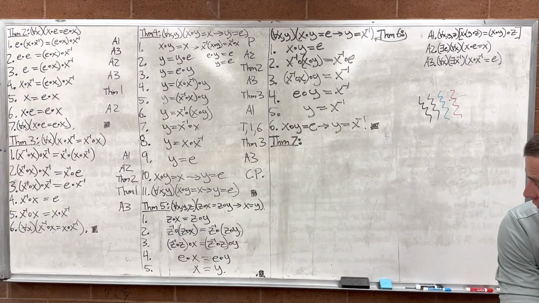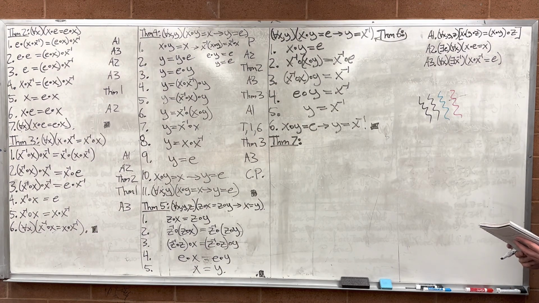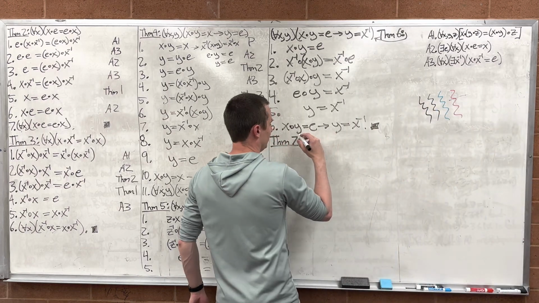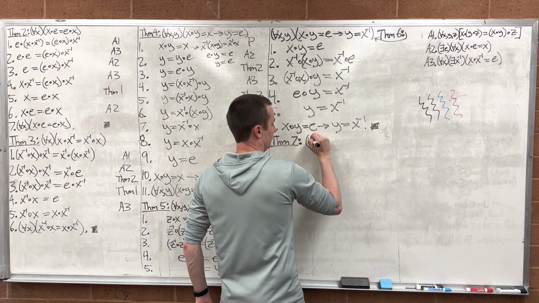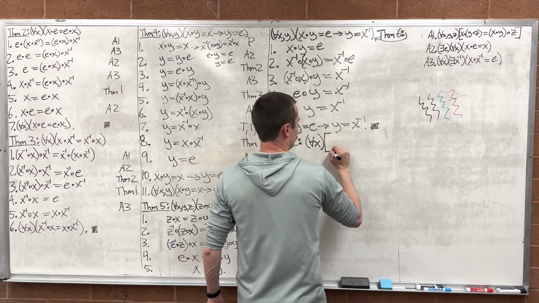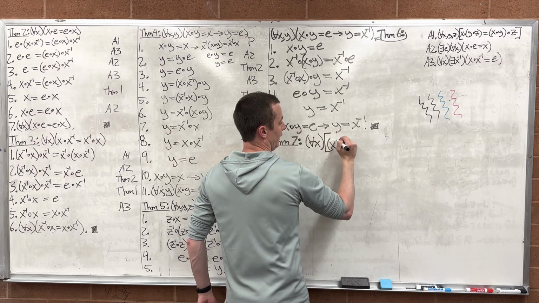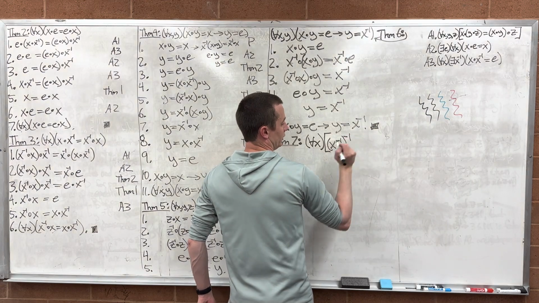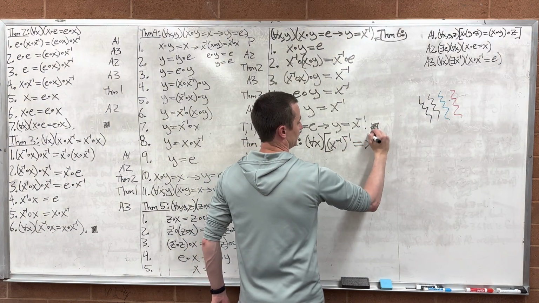Hopefully how thick I'm going is compensating for how bad the marker is. This one is that if you inverse the inverse, you get back to where you started. So this one is for all x, x inverse's inverse is just x.